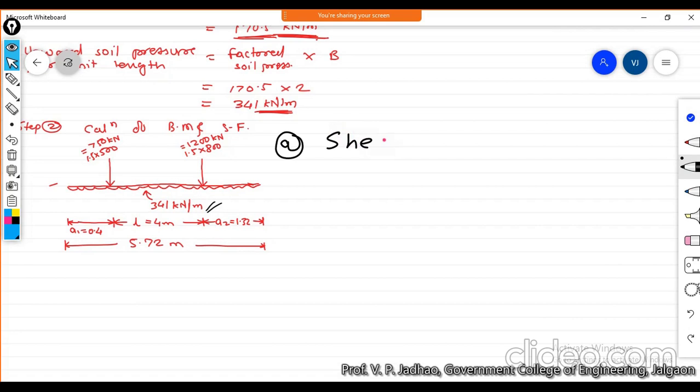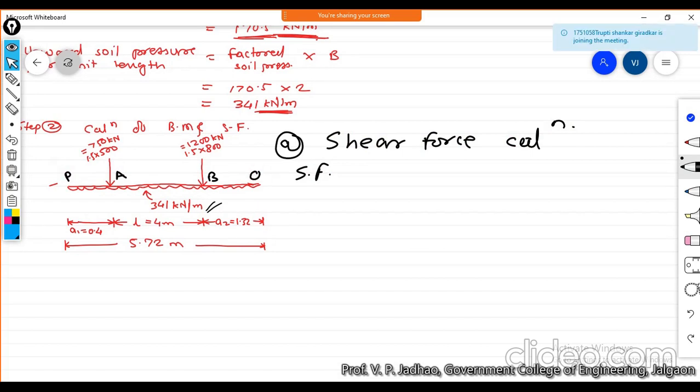Let us consider this point as A, this point is B, this point is P, and this point is Q.